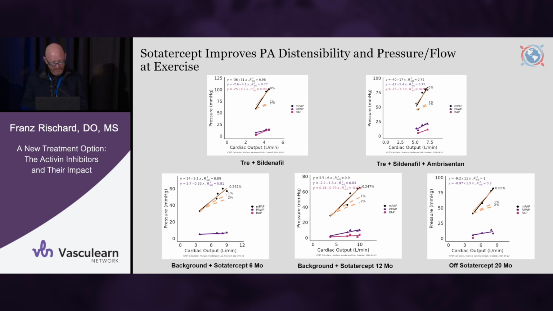In this case, as the patient was placed on triple therapy, distensibility is 0%, which means that the vessels are stiff, basically like a lead pipe. As the patient is placed on sotatercept at 6 months and then 12 months, there's an improvement in distensibility, nowhere near normal, but something that we have hardly ever seen previously with medication. And as the patient has come off sotatercept, there's then a decline in distensibility.